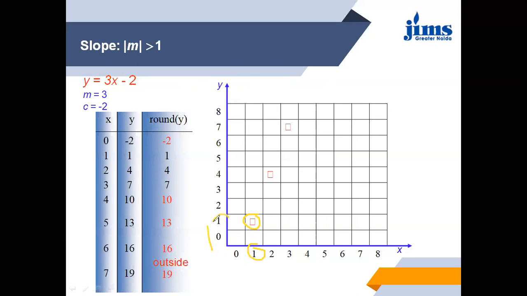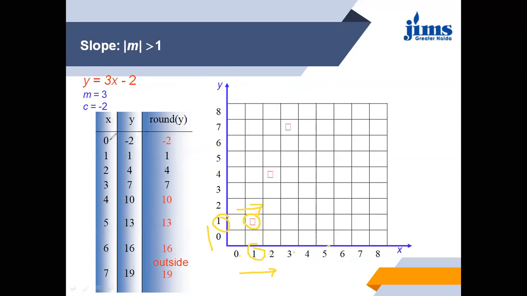Or I can consider the value of y and find out the value of x. In this example, we are taking the pixels on the x axis one by one, for 0, 1, 2, 3, 4, like this.